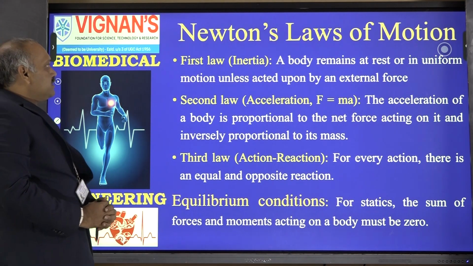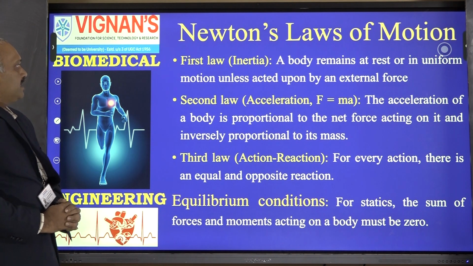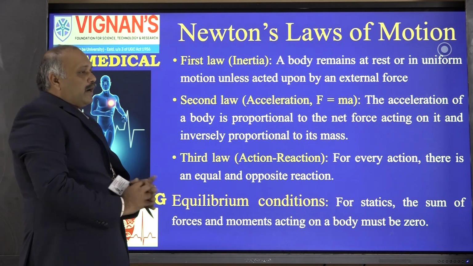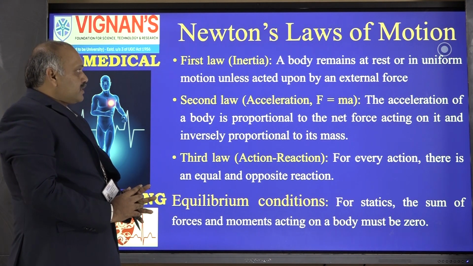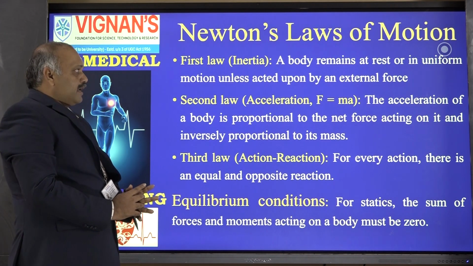The next one is Newton's laws of motion. There are three laws. The first law deals with the law of inertia. It states that a body remains in the same state, either in motion or at rest, unless acted upon by an external force.